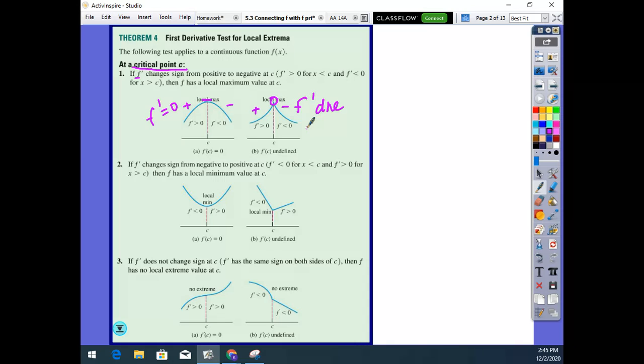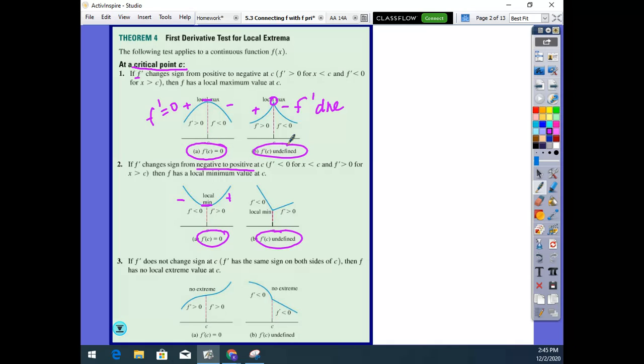Second of all, if the sign changes from negative to positive, decreasing to increasing, you can have a local min where F prime equals 0 or where F prime does not exist. So when we're talking about interior points, your max and mins occur either where F prime equals 0 or does not exist.